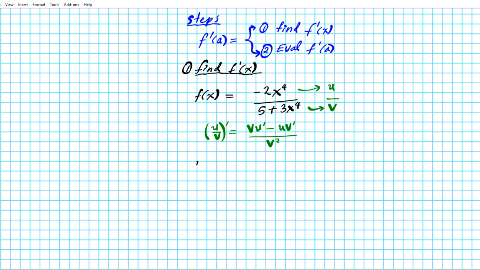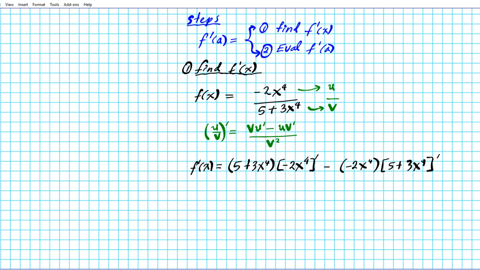So f prime of x is going to be v, which is 5 plus 3x to the fourth, times u prime, the derivative of negative 2x to the fourth, minus u, which is negative 2x to the fourth, times v prime, the derivative of the denominator 5 plus 3x to the fourth.